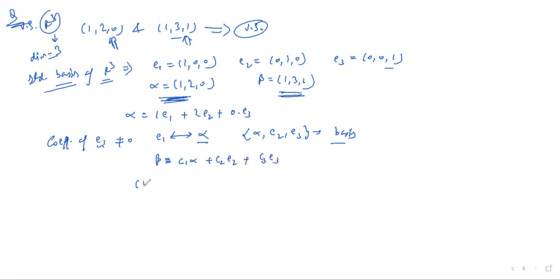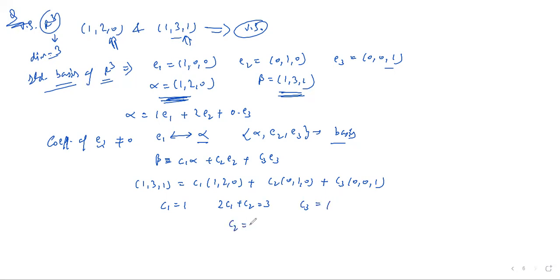Now beta is 1 3 1, which equals c1 times 1 2 0 plus c2 times 0 1 0 plus c3 times 0 0 1. From this I get c1 equals 1, 2c1 plus c2 equals 3, and c3 equals 1, so c2 equals 1. All coefficients are 1. So beta equals alpha plus E2 plus E3.